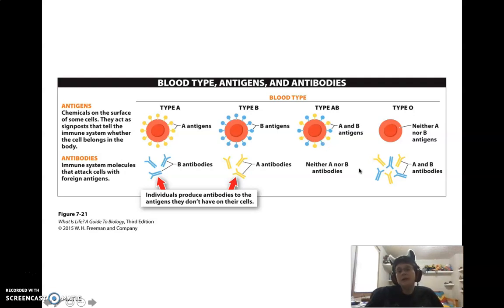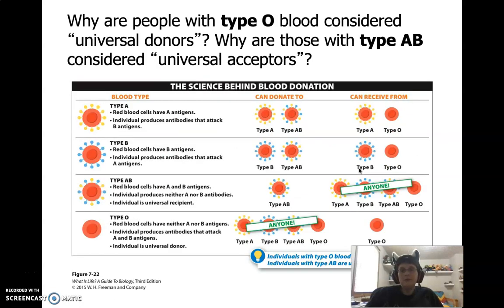So is this information important to know? Yes, because there are types of blood that people can and can't get. So for example, like I said, I'm type B. So if I need blood, there are only two types of blood that I can get. I can only get type B, like my own, because it would have those B antigens that my body won't attack.